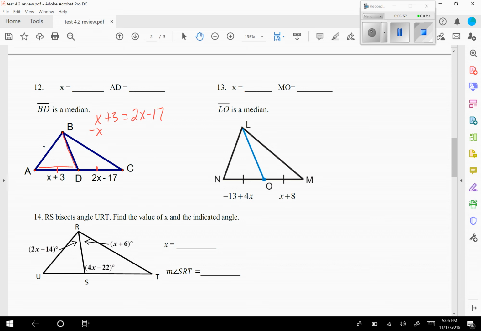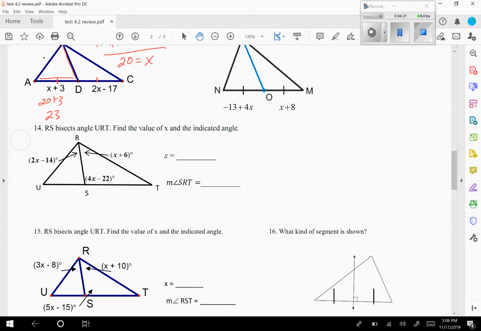All right, so take away x and add 17 here. So 3 plus 17, that's 20. And 2x minus x is just x. So x is 20. And now AD is x plus 3, so we do 20 plus 3. So it's 23.